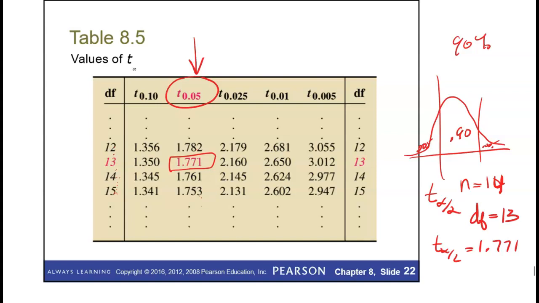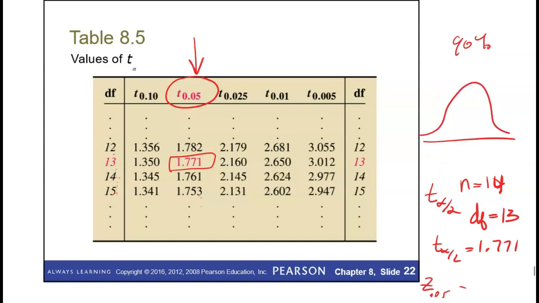If we take a look at the regular table, z of 0.05, if you recall from the problems we just worked out, was about 1.645. I don't know why I was writing 0.005 earlier, I apologize for that. Let me erase this for a second and draw a better curve.